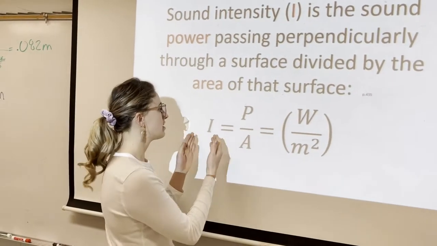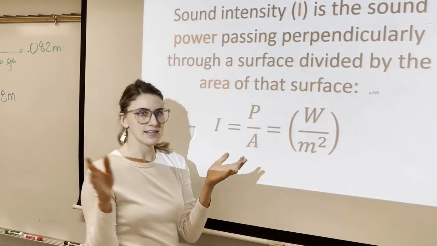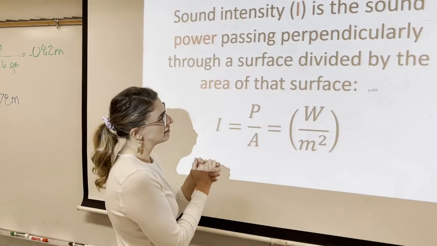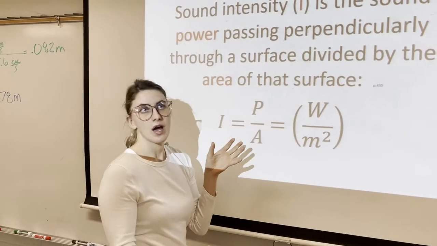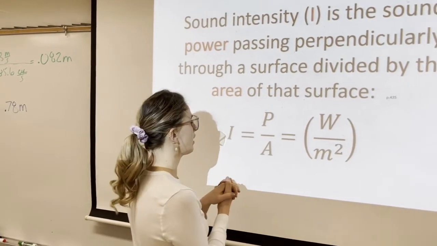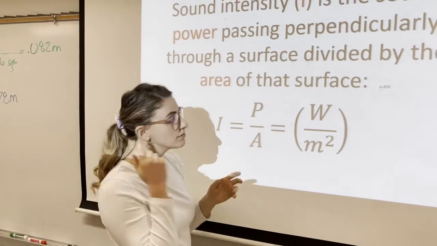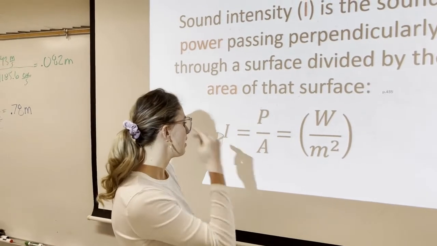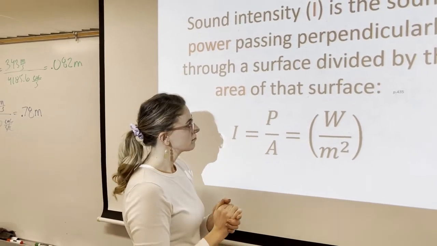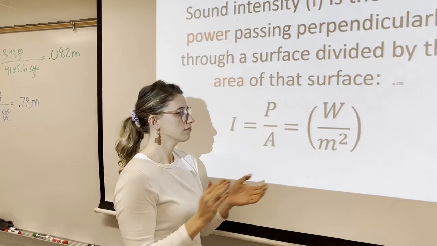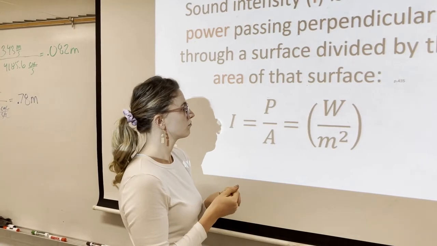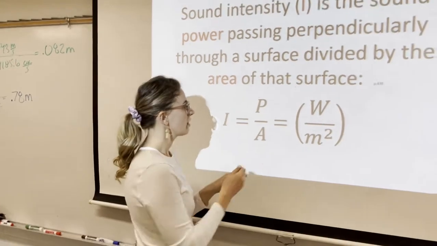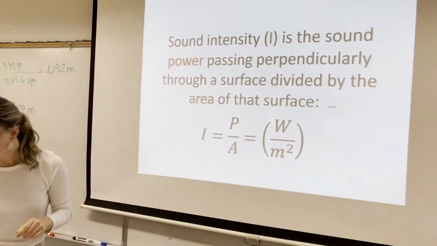What that means is how intense the sound is depends on the amount of power per unit area. An example would be your eardrum. Your eardrum has a certain area, and the sound intensity depends on the power, the energy per second of the wave coming in on your eardrum, and the area of that eardrum, which is really small.